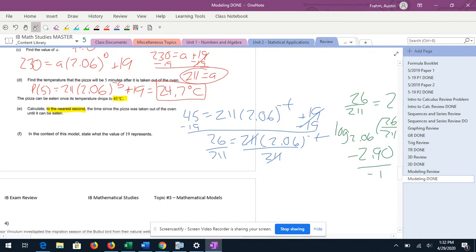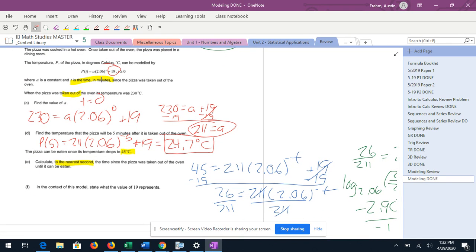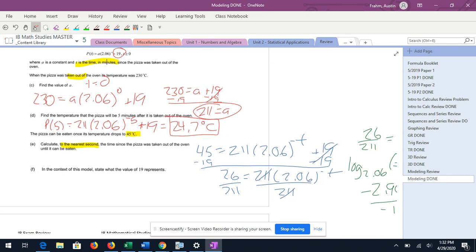Finally, the last part, part F, in the context of this model, state what the value of 19 represents. Okay, 19 is right here in our equation. And again, if you think back to example number 2, talking about the temperature of the boiling water in the cup, that constant number in terms of this temperature problem represents the room temperature.